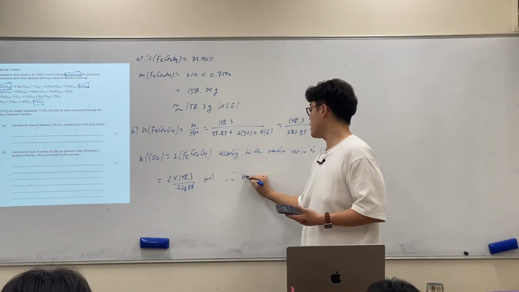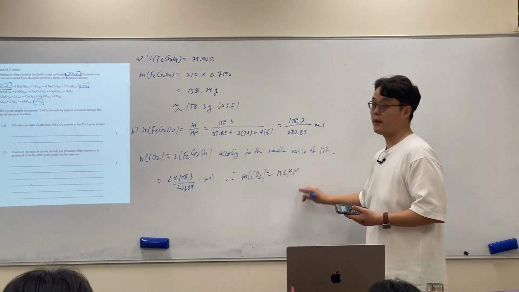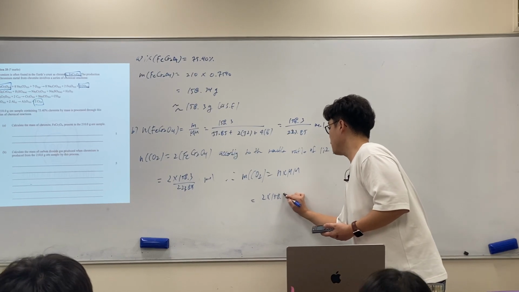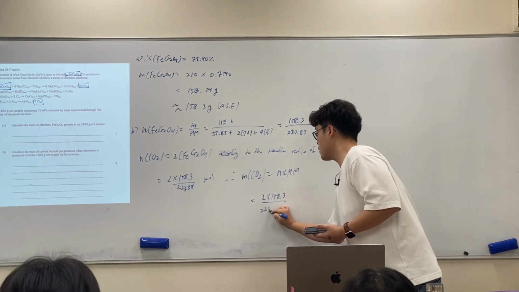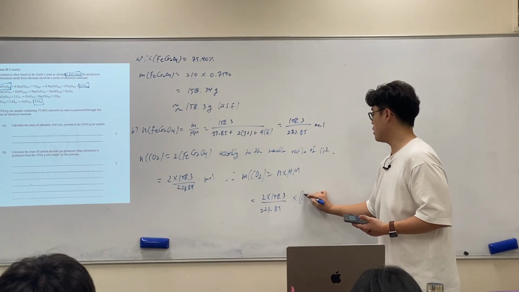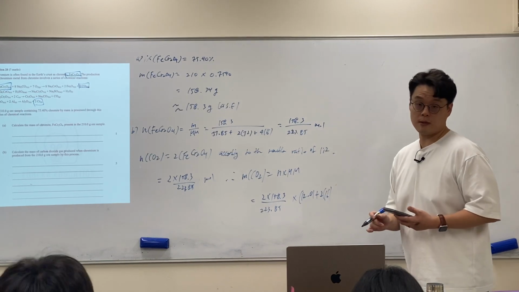Therefore, the mass of the CO2 is known as what? n times the molar mass. Show that 2 times 158.3 divided by 223.85 times the molar mass of carbon dioxide, which is 12.01 plus 2 times 16 for the carbon dioxide.